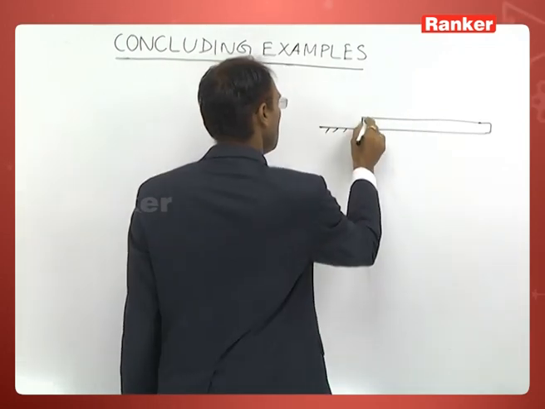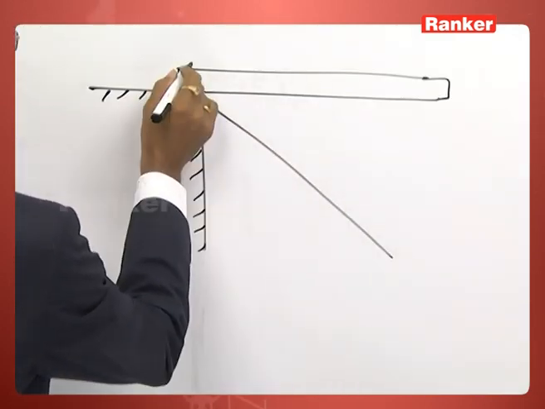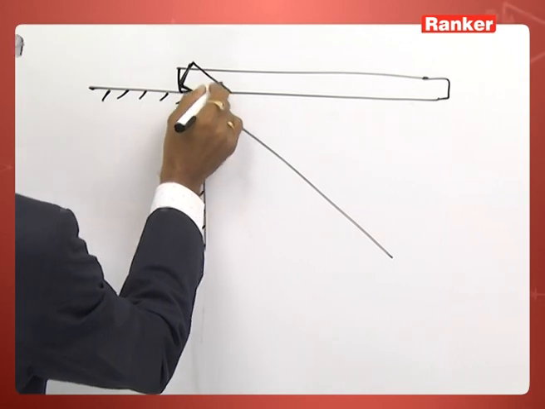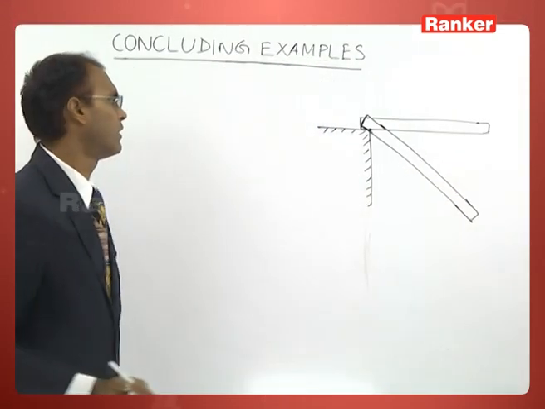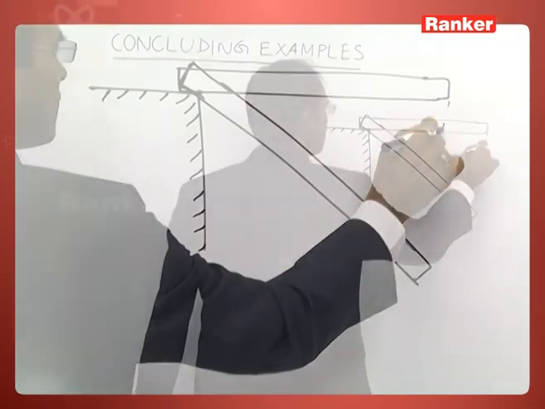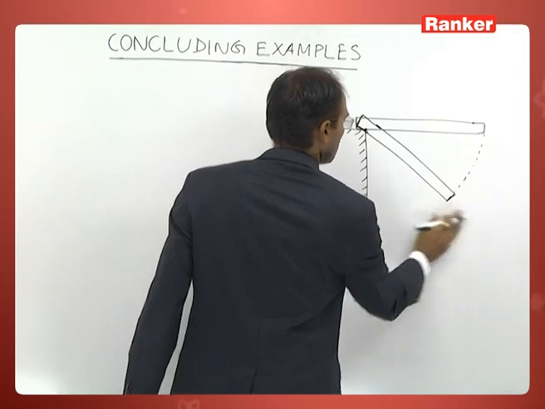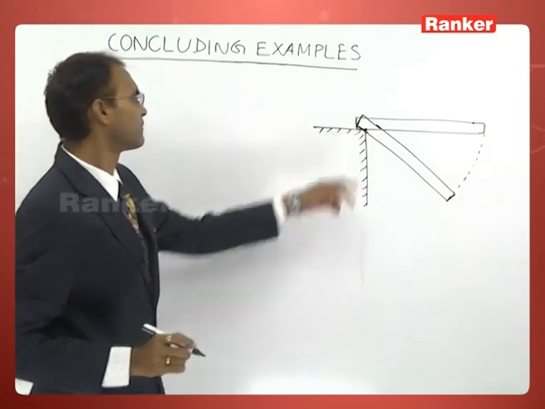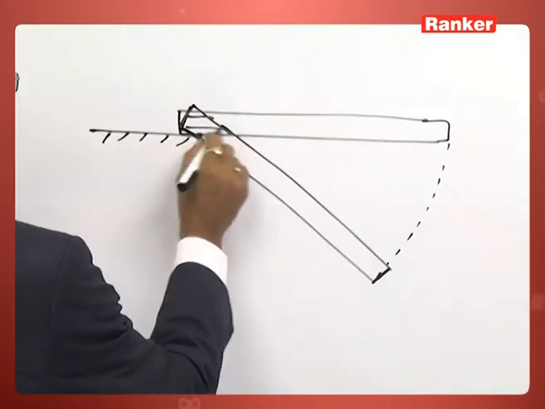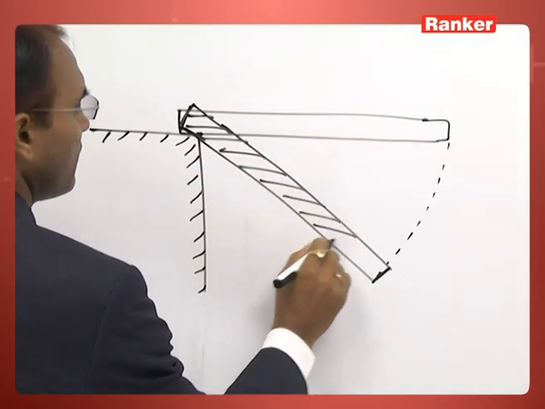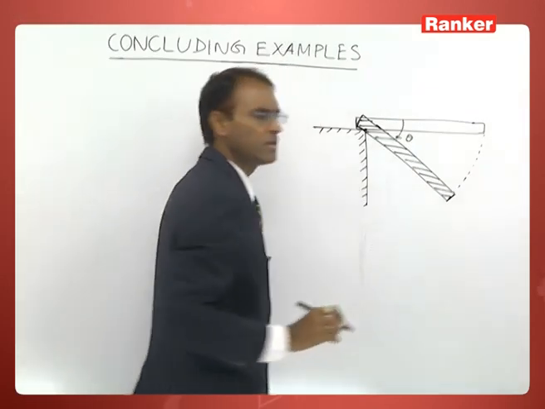When you lift the rod, it rotates like this. It rotates about this edge point. About this edge, the rod will rotate. So this is the final position. When it rotates to an angle theta, this is the position.